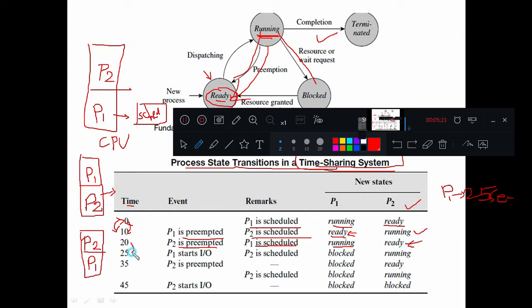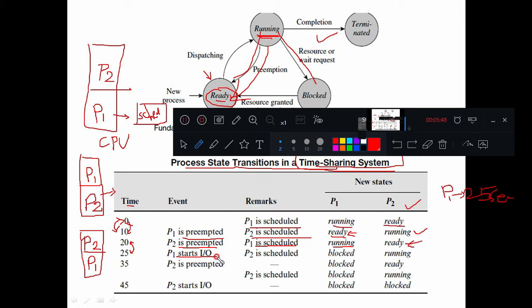After 5 seconds it will start the IO operation. Let us say he wants to explain all process states with the help of two processes in the time sharing system. Here P1 is in running state, P2 is in ready state. So after 5 seconds, what happens? P1 starts IO operation.